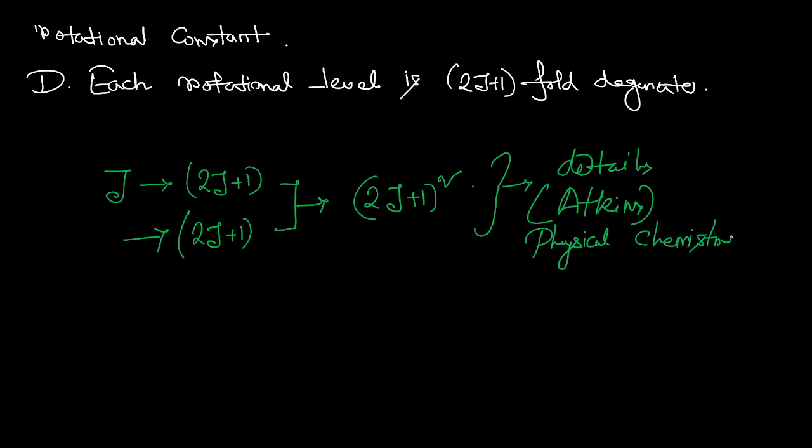So for a spherical rotor, each rotational state is (2J plus 1) squared fold degenerate. So this is an incorrect option. Now, moving to question number 8.